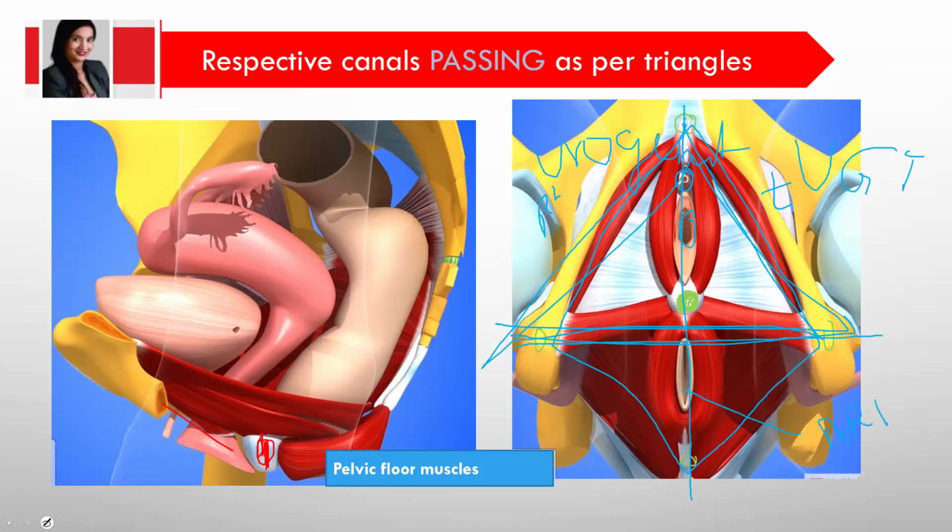So if you divide this with a straight line from one ischial tuberosity to the other, you can divide the diamond into an upper triangle and a lower triangle. Upper triangle, urogenital; lower triangle, anorectal. Very simple.